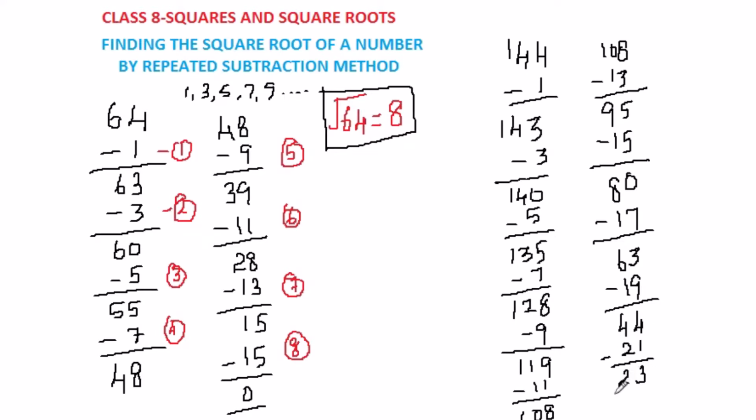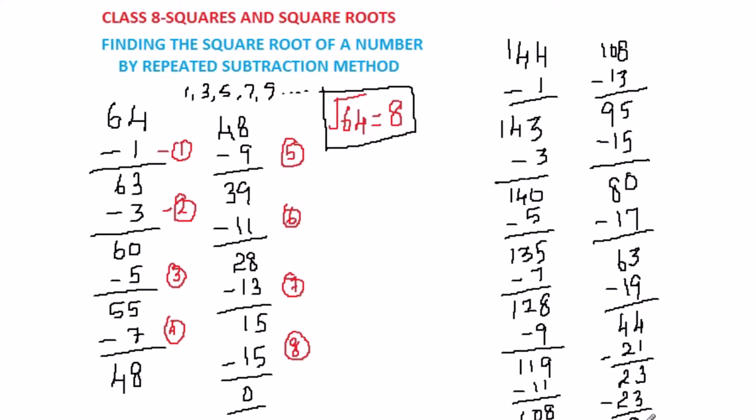You can see the next odd number happens to be 23, and when you subtract, the answer is also going to be 0. That means, as we have chosen the number 144, a perfect square number, the answer is going to come as 0.